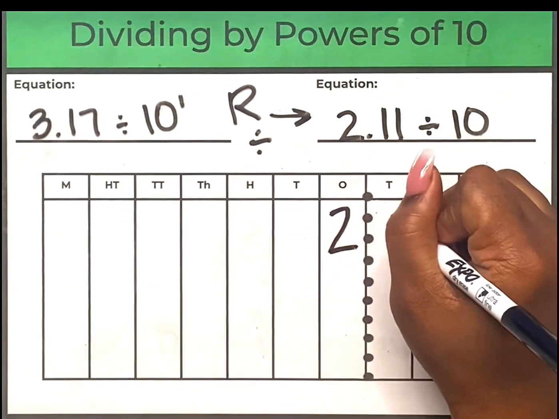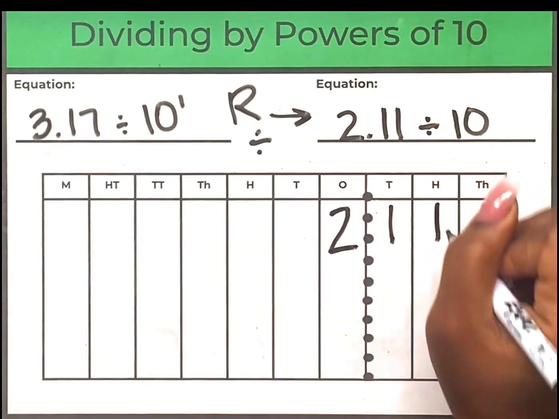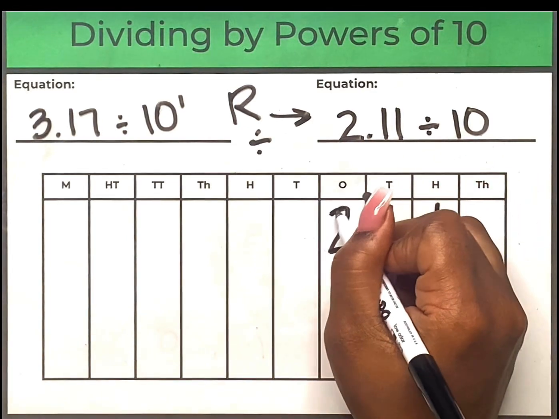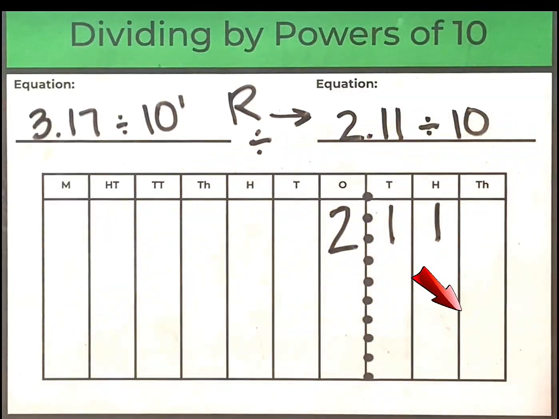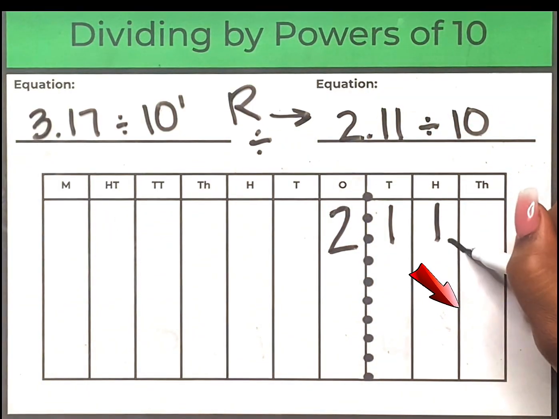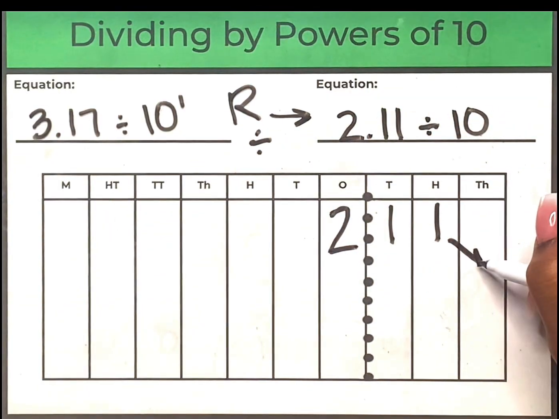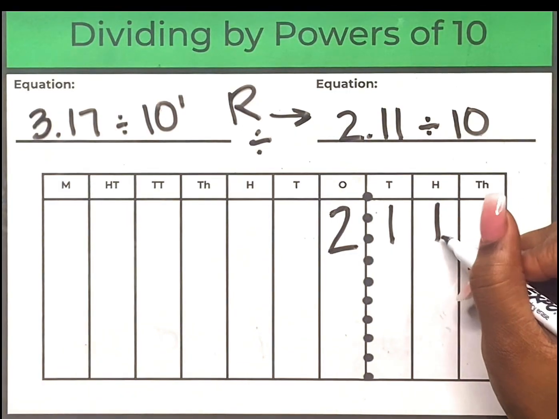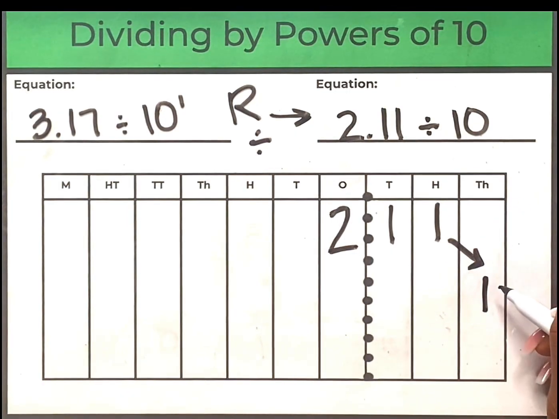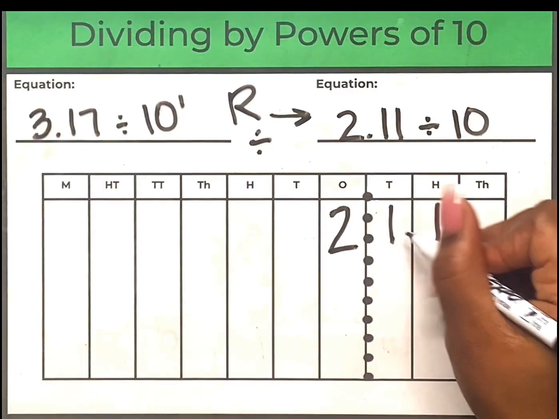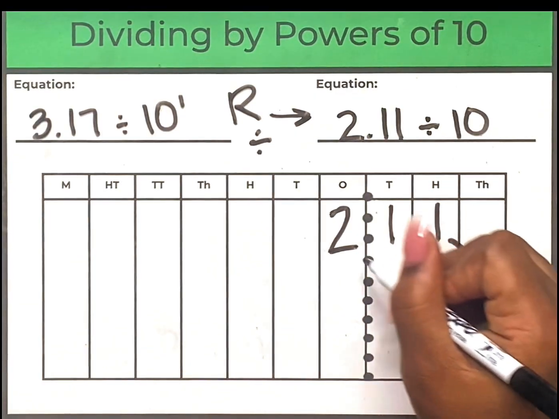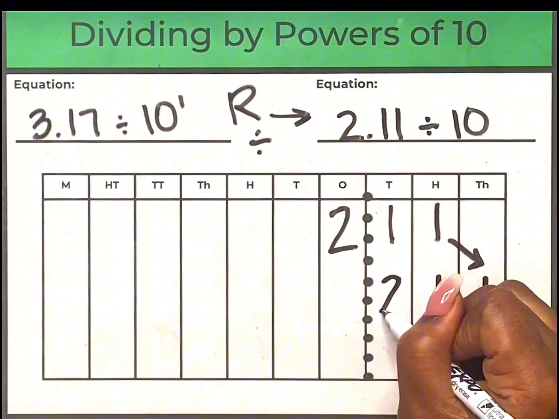We start by putting our number correctly in the place value chart. And since we're going to the right, we're going to go to the back of the number and pull it back. The 1 is now here in the thousandths place. Then you drop that 1 there in front of it and then drop the 2 there.